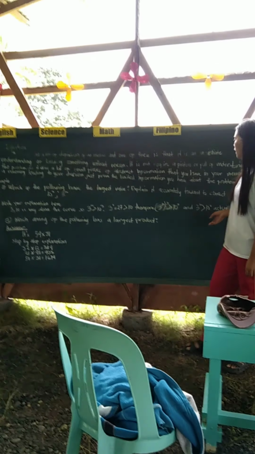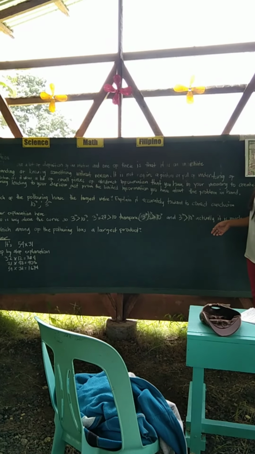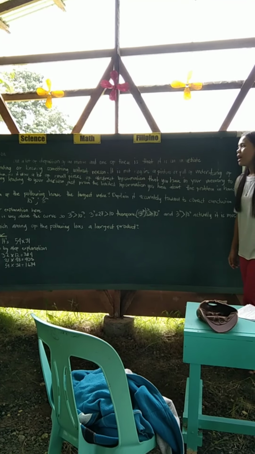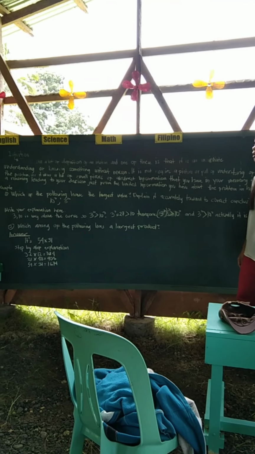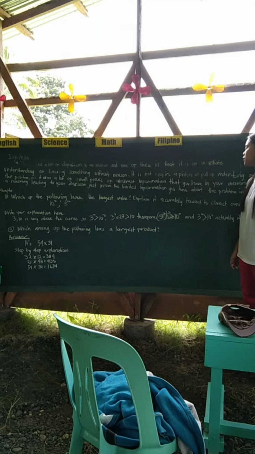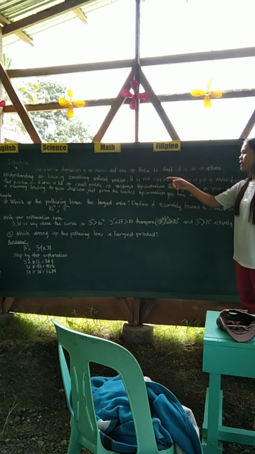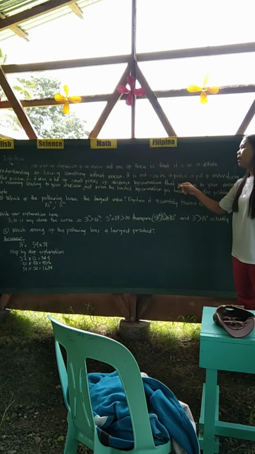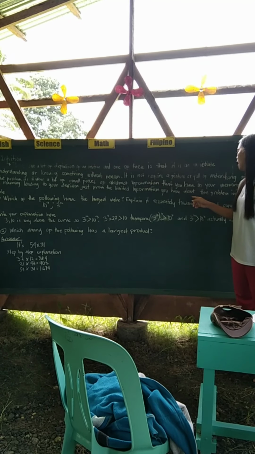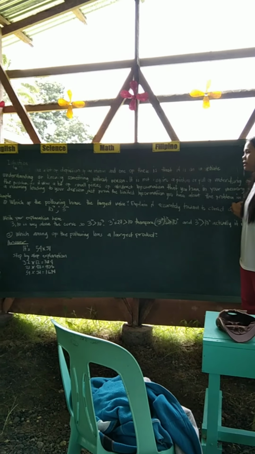It does not require a full picture or understanding of the problem, as it uses a lot of small pieces of abstract information that you have in your memory to create reasoning leading to your decision, just from the limited information you have about the problem at hand.